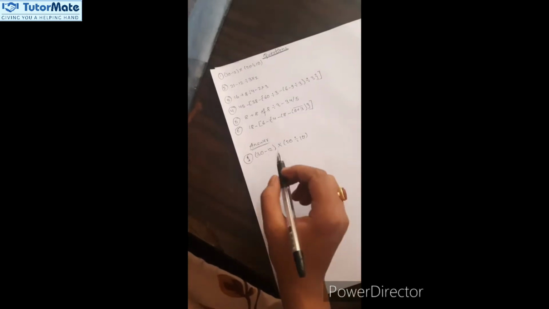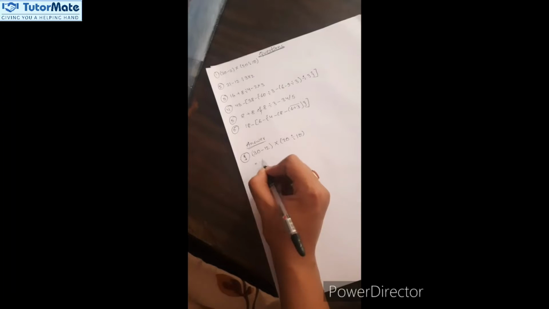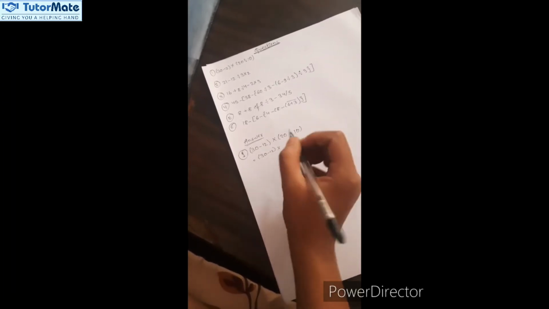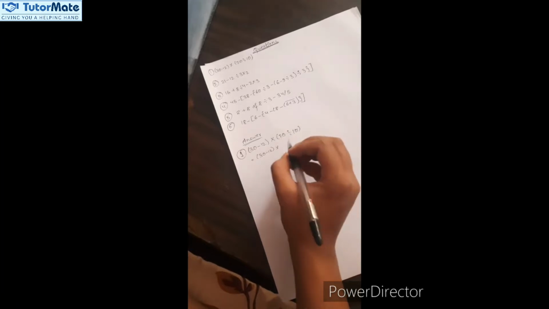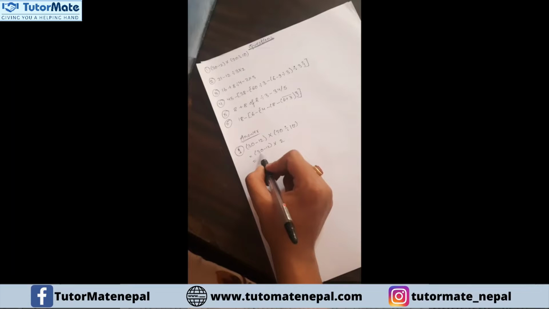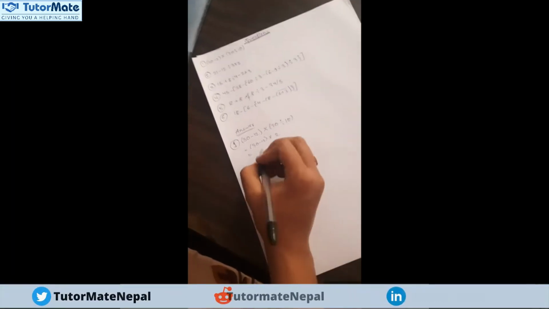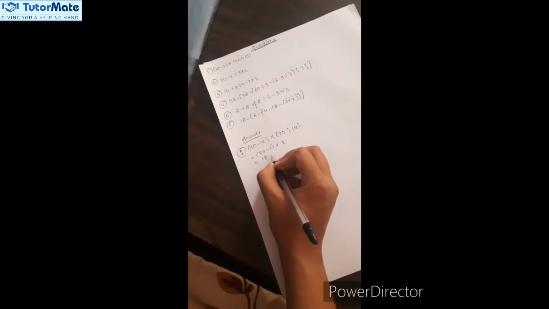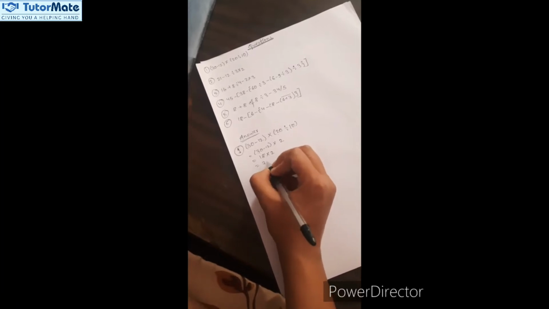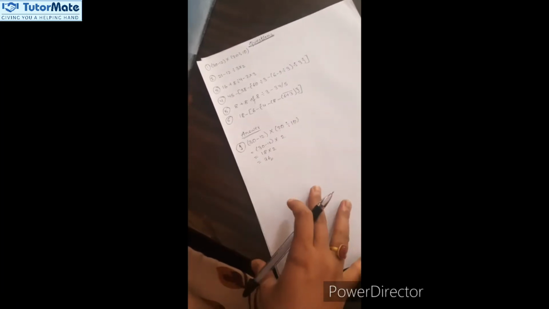Solving the bracket first, 20 divided by 10 means 2. Solving the next bracket, 30 minus 12 means 18, into 2. Now doing multiplication, 18 twos are 36. This is the answer.